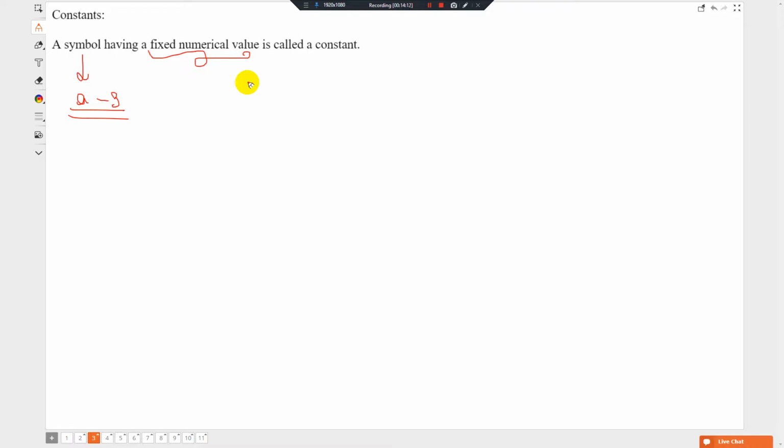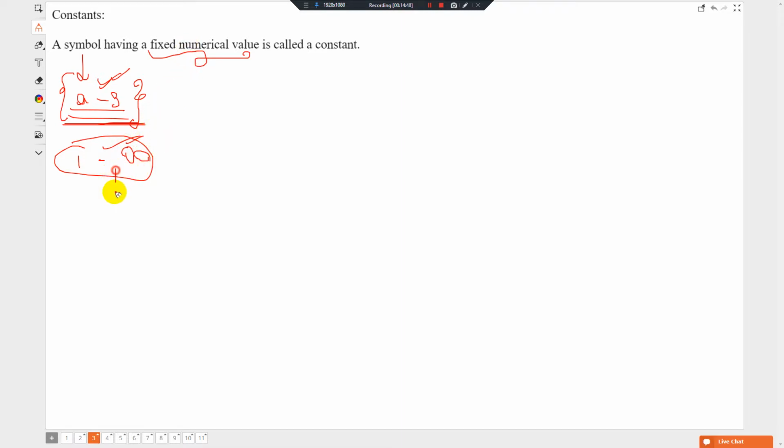Here, in A to Z, don't they have a fixed numerical value anywhere? Or think of 1 to infinity. Think about them. A to Z doesn't have a fixed numerical value, but numbers have a fixed numerical value.